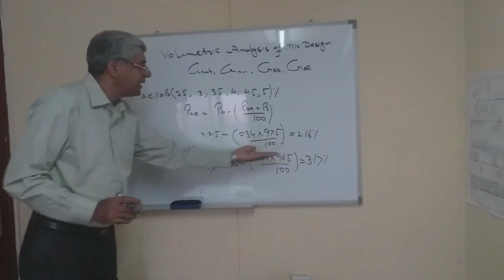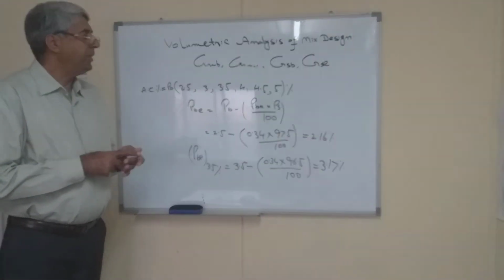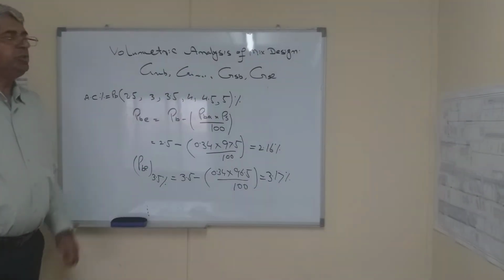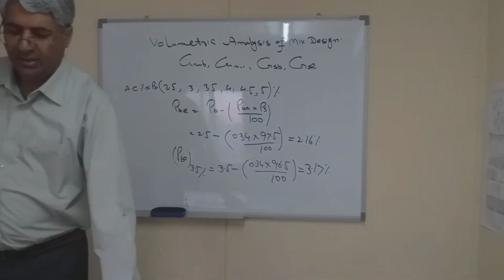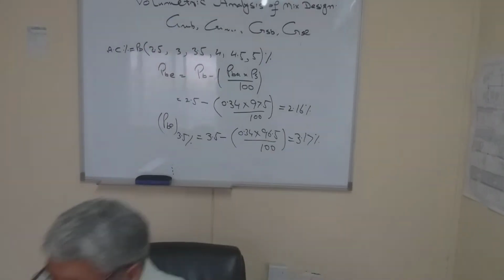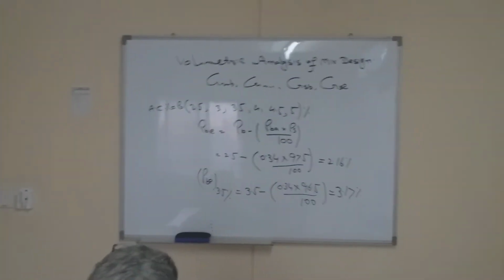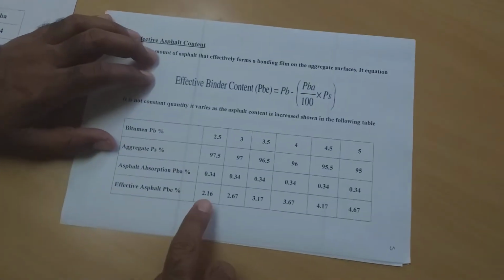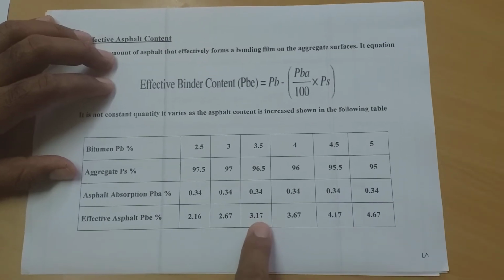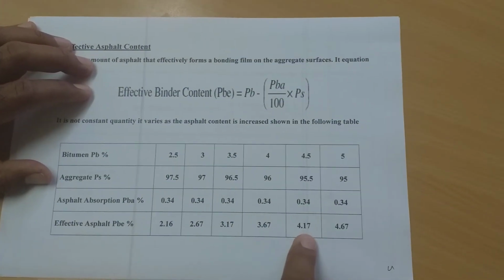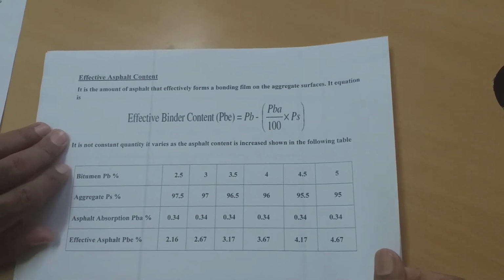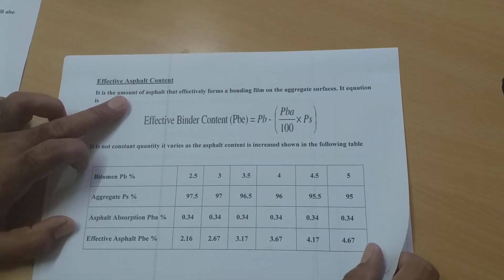As I have shown you this calculation, similarly for all 6 bitumen percentages, I have calculated the effective asphalt content, and all these values are shown in this table. You see the calculation for 2.5, for 3, 3.5, 4, 4.5, and this is the calculation for 5%. So this is the calculation given over here for the effective asphalt content.